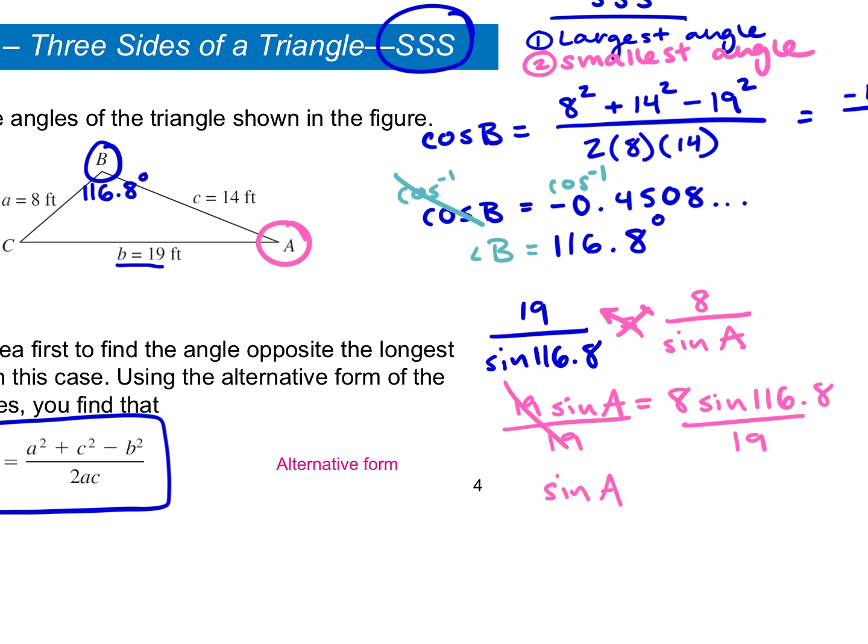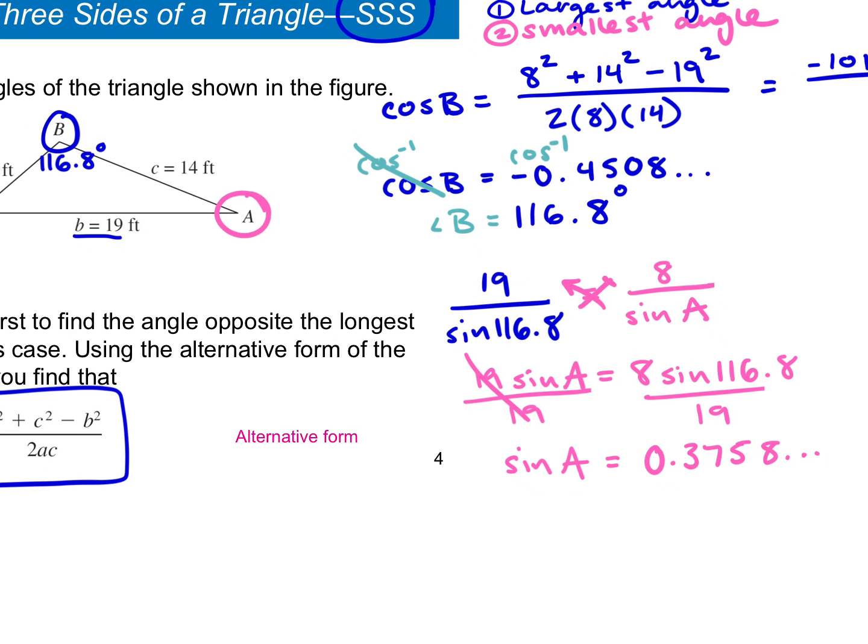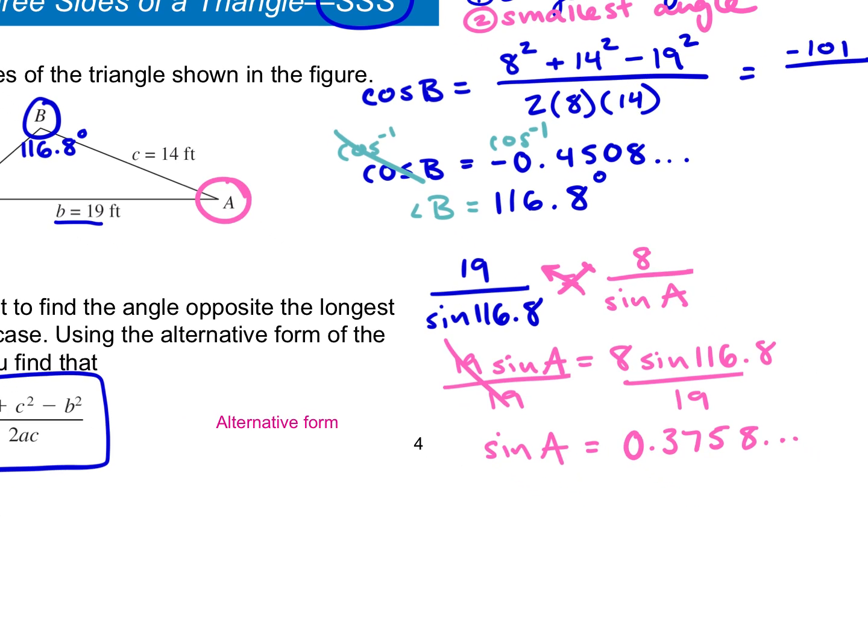So sine of A is equal to, now we're going to put this in our calculator. So we have 8 times sine of 116.8 divided by 19. So we get 0.3758. It keeps going. But this isn't what A is equal to, it's what sine of A is equal to.